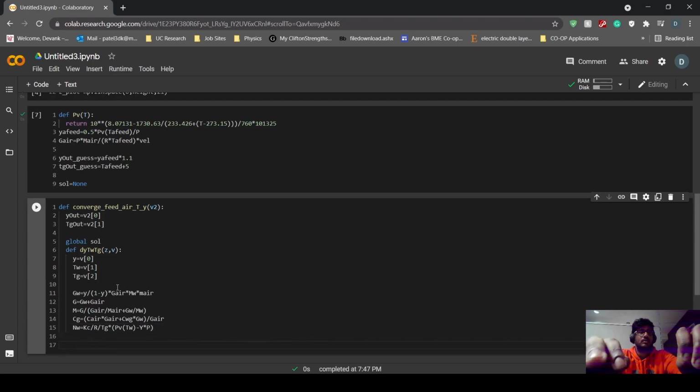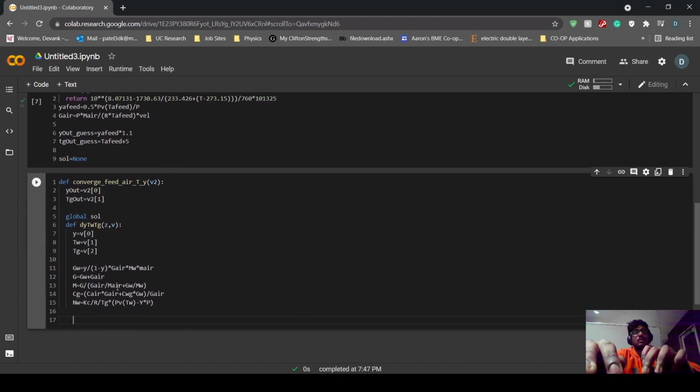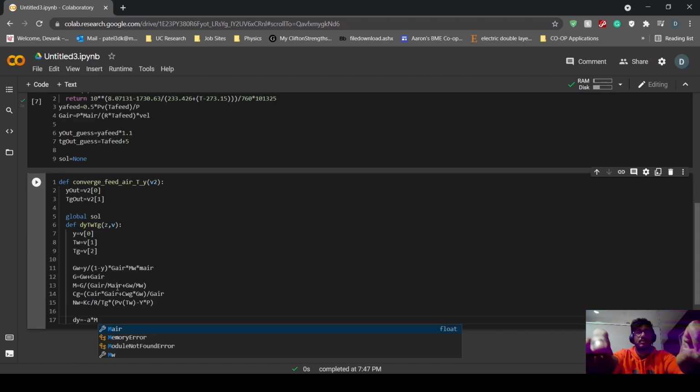And now we're going to define our three differential equations that we have solved for on the whiteboard. So dy is equal to negative A, the packing area, times the total molecular weight divided by the gas flow rate, times the molar flux of water, NW.